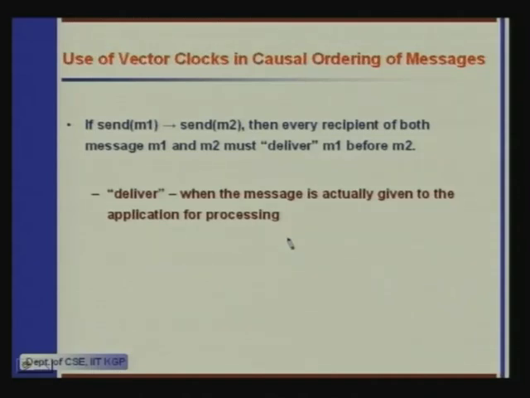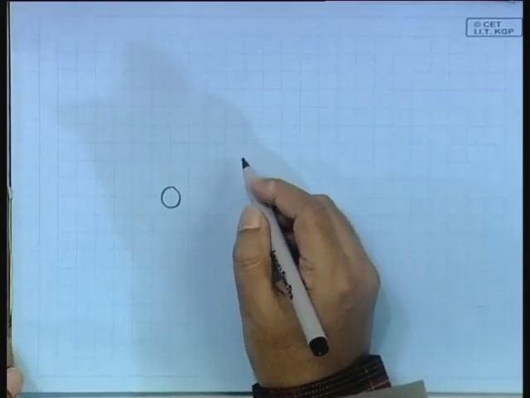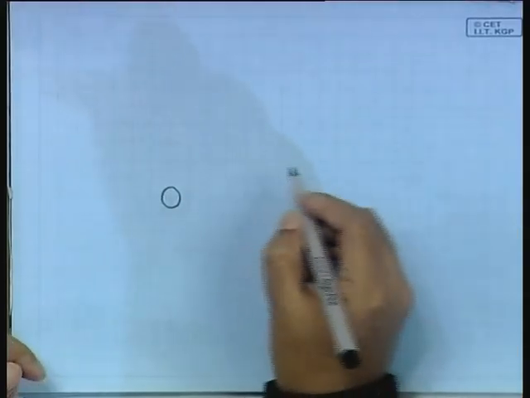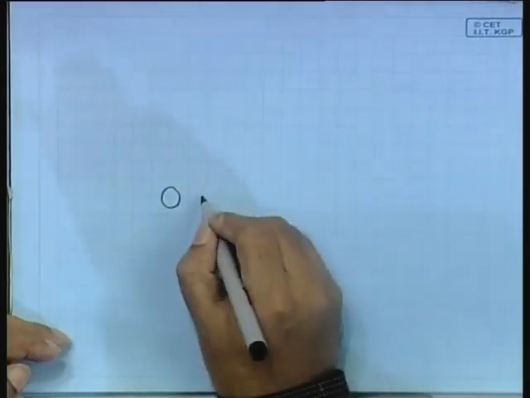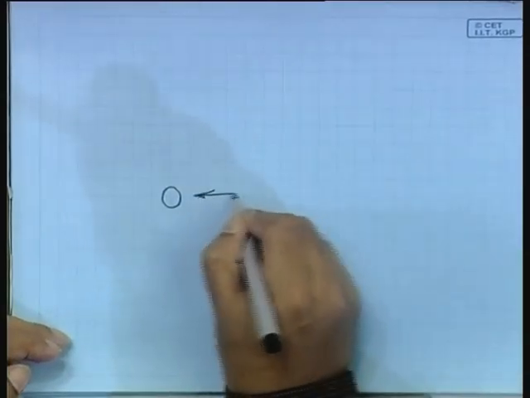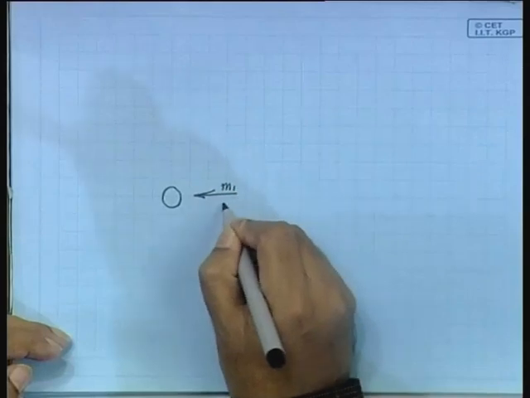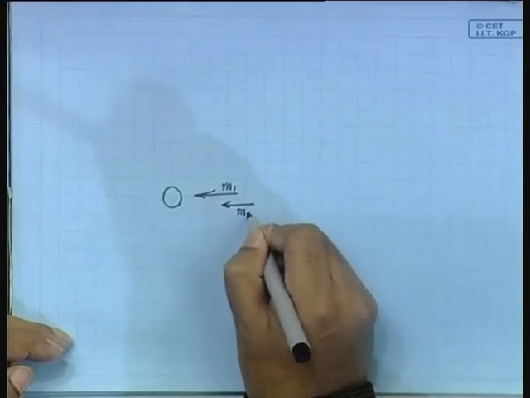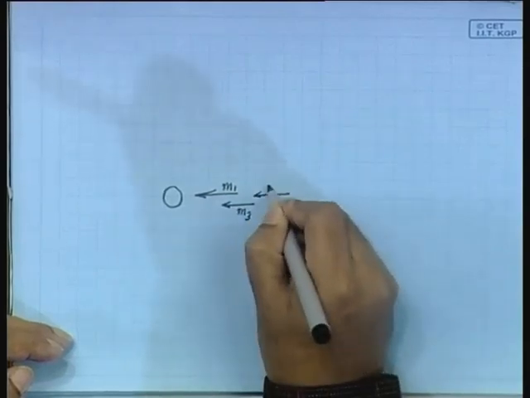So, what we mean is that we have this node which is receiving messages from the network. Okay. So, it is receiving some M1, it is receiving some M3, then it is receiving some M2.